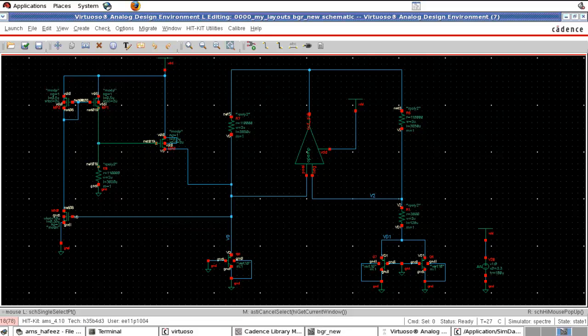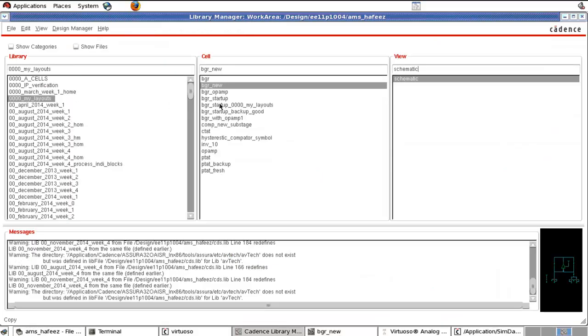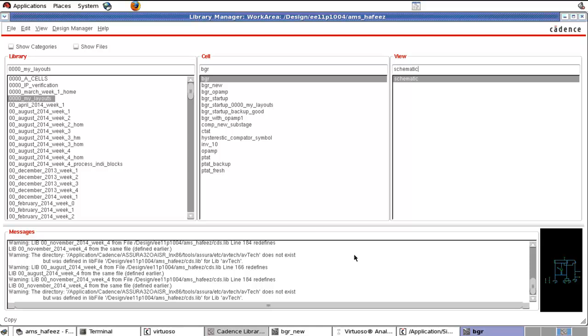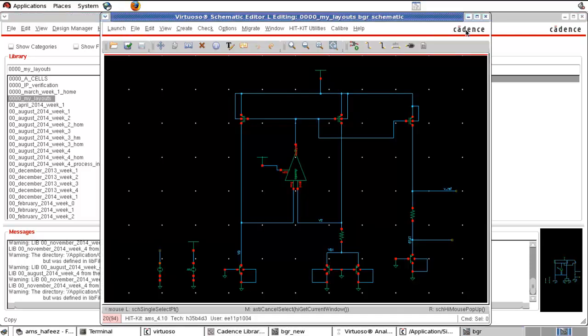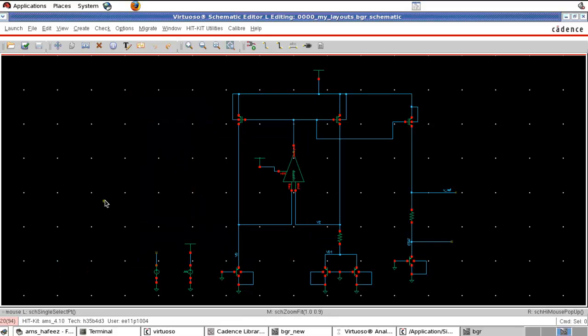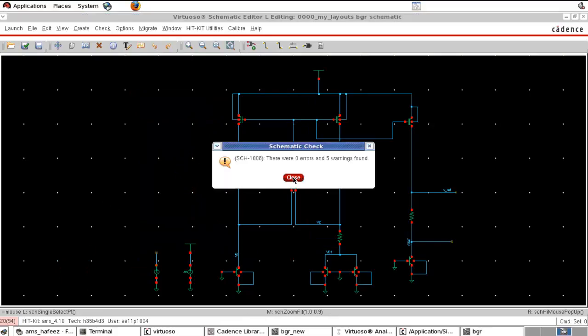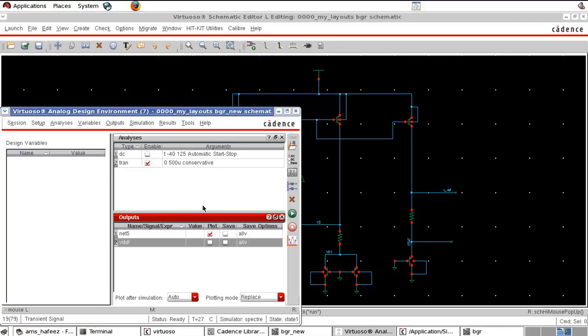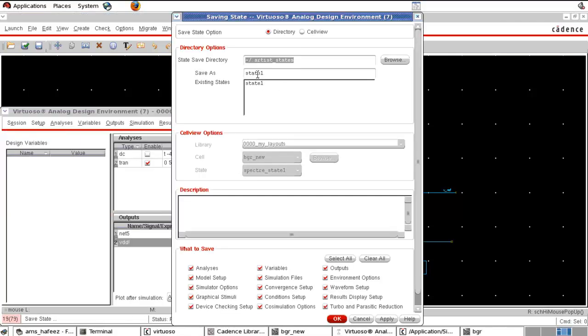So we have one more topology remaining in the bandgap reference. That is this topology. I'm saving the state so that we can use this again.